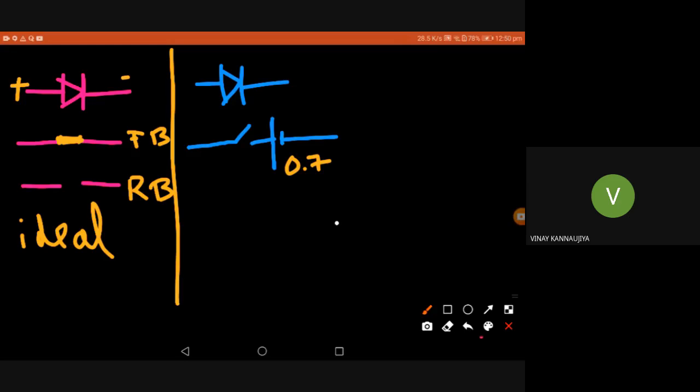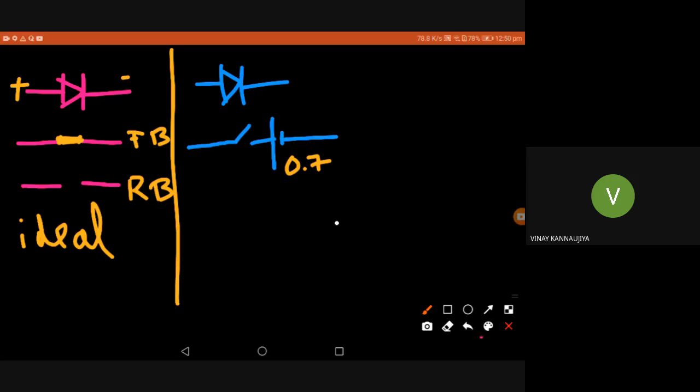We discussed, right? When we give a PN junction diode a positive in the anode and negative in the cathode, a junction is formed, a depletion region is formed, and there is an inbuilt potential. So this 0.7 is used to overcome the inbuilt potential.